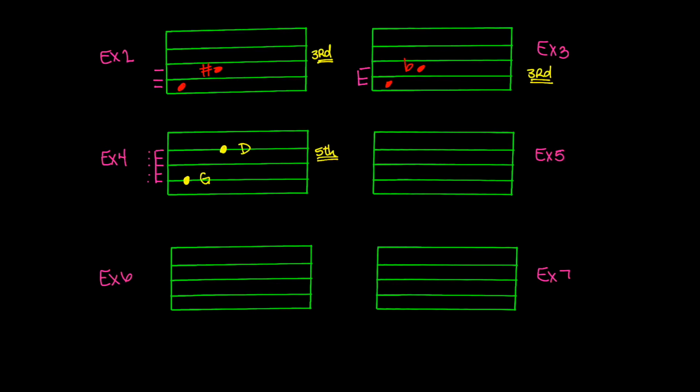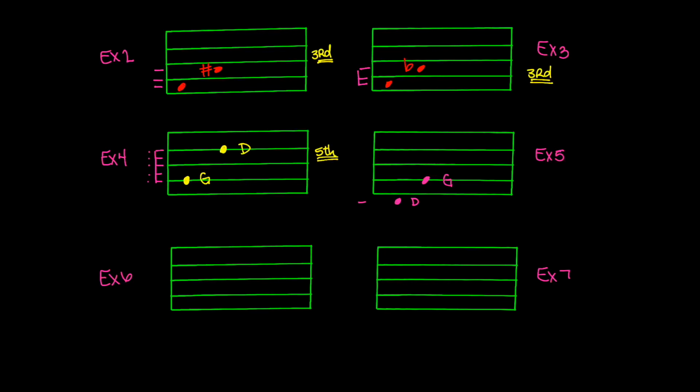Let's look at another one. What if I go in the opposite direction, from D to G? This is a D, and this is a G. Notice that G to D was a fifth, so would D to G be a fifth as well? Let's find out. If we count every single element, this is a space.